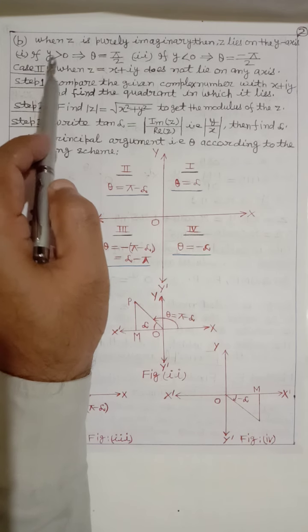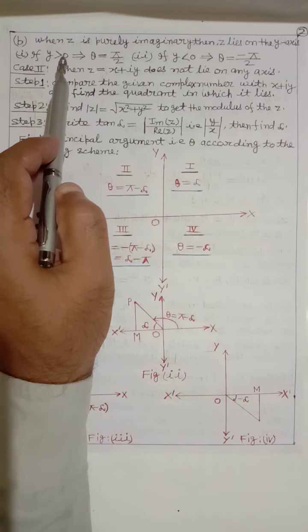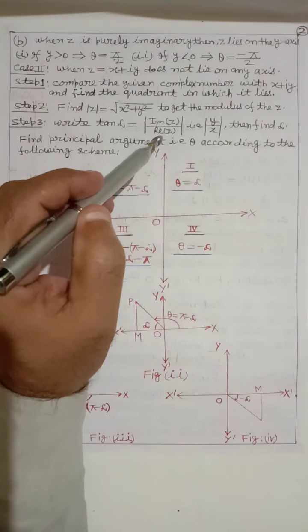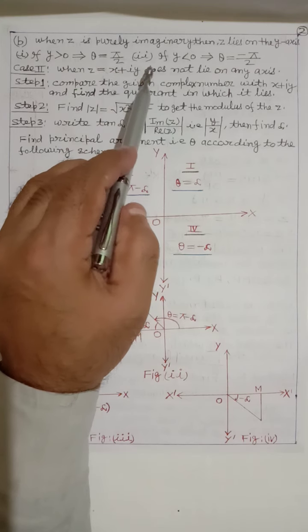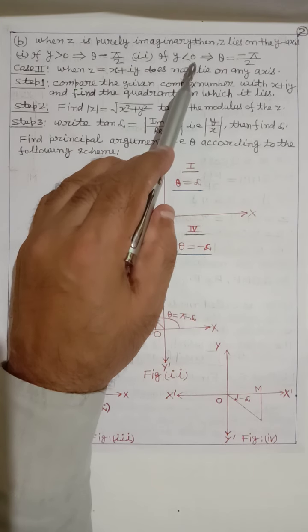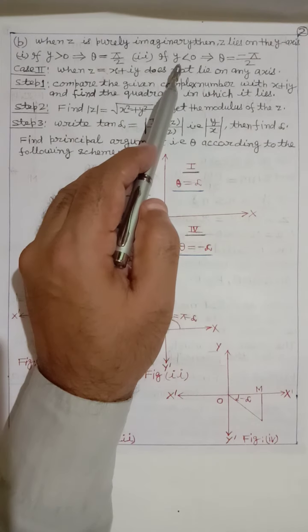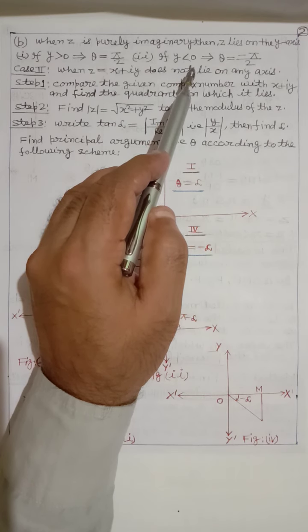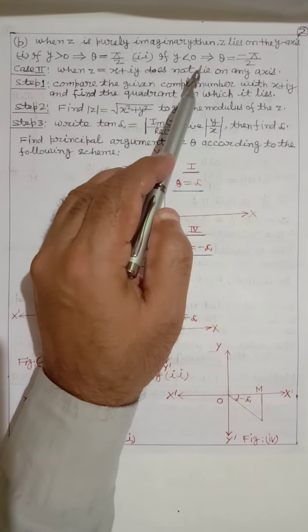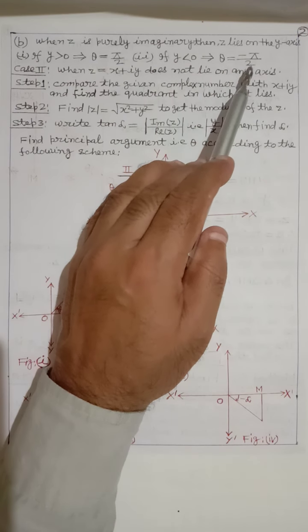Second, if y less than 0, in this case theta is equal to minus pi by 2. Here y less than 0 means z lies on the y-axis and below the x-axis.